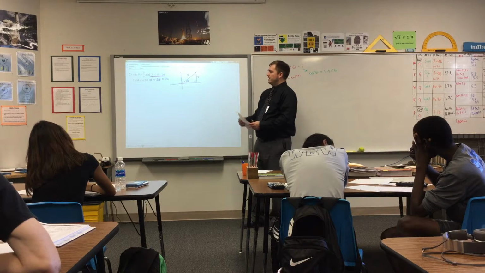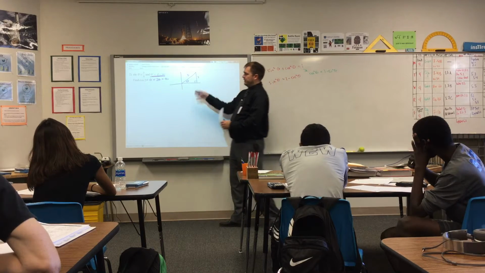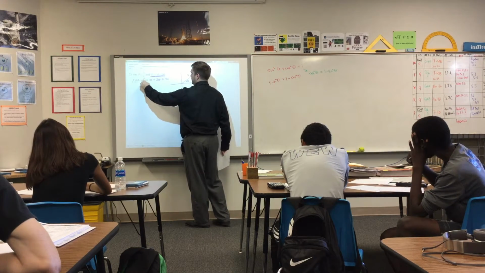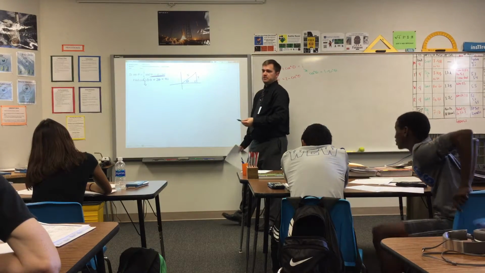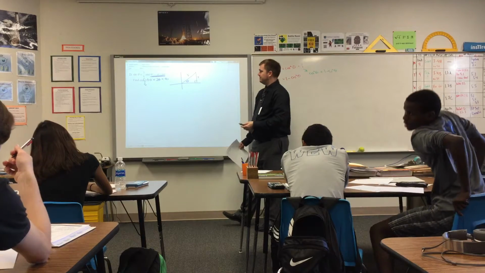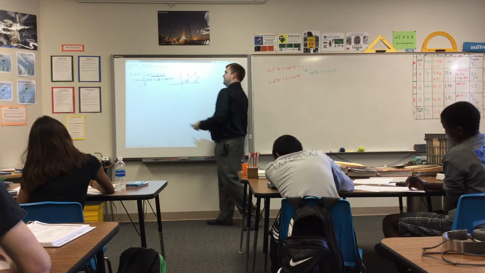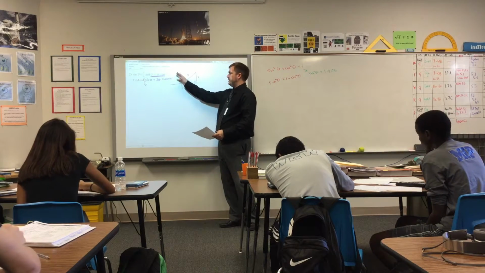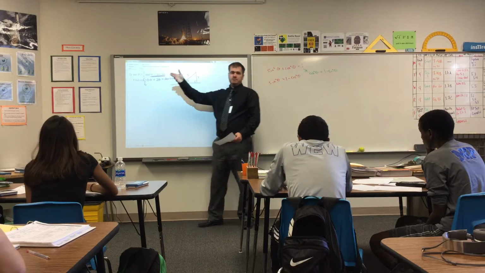So maybe we might be in the first quadrant. The point is, what sort of answers are we looking for for cosine of 2 theta? If our angle is in the first or second quadrant, we're not sure which. What kind of cosine values are we expecting? Positive or negative?